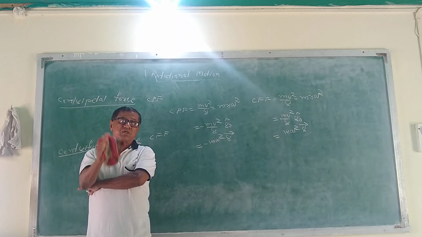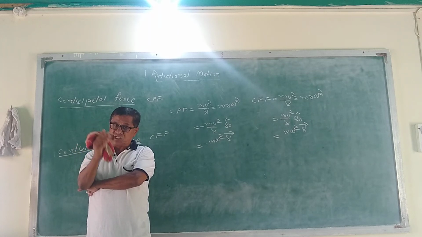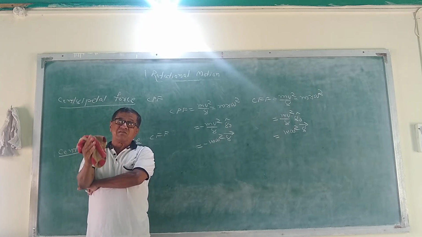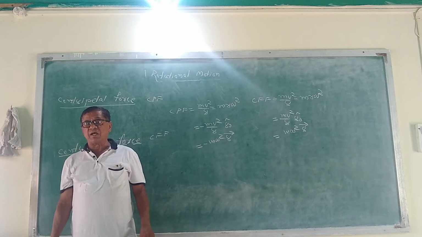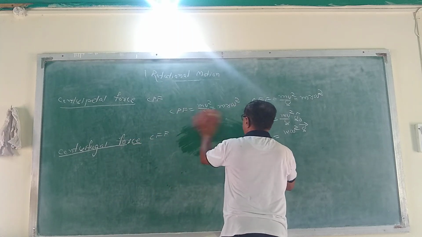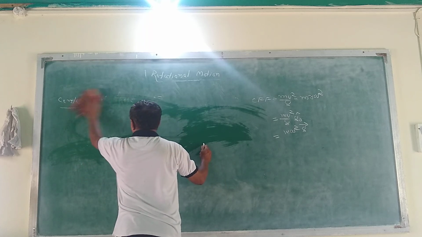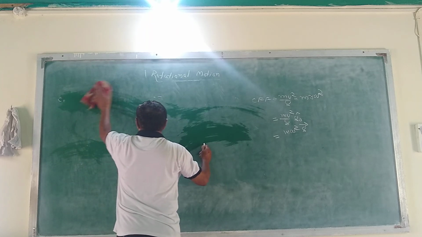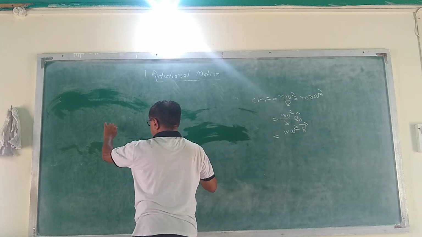In the case of the circular motion, we have seen the centripetal acceleration. Centripetal acceleration is along the radius and toward the center. There is again the tangential acceleration.